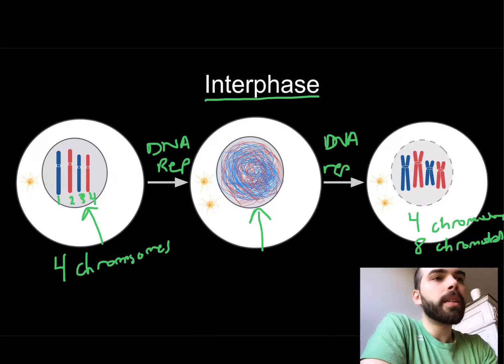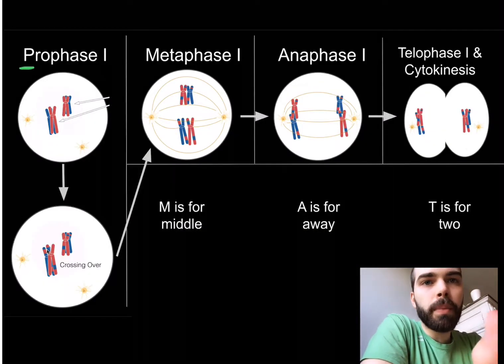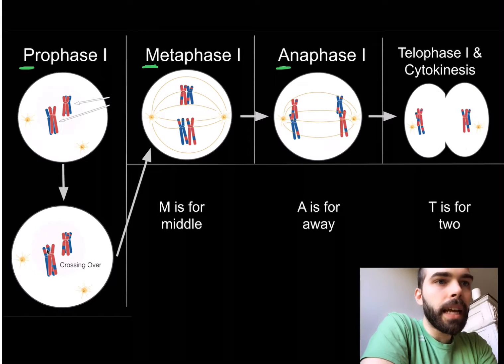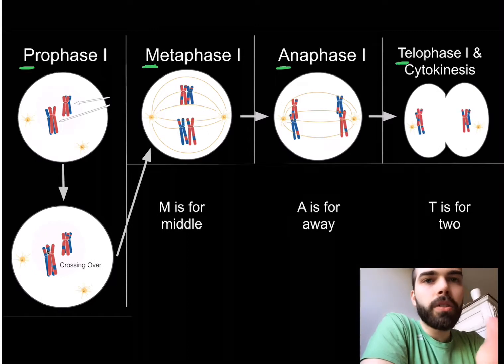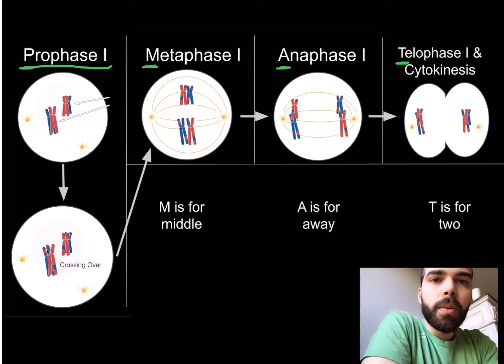And then this is where meiosis is going to begin. So remember our PMAT, P-M-A-T. We start in prophase. And what's going to happen is homologous pairs of chromosomes, that's the chromosomes that are similar in size and shape, are going to pair up together. And when they pair up together, you're going to see what we call crossing over.